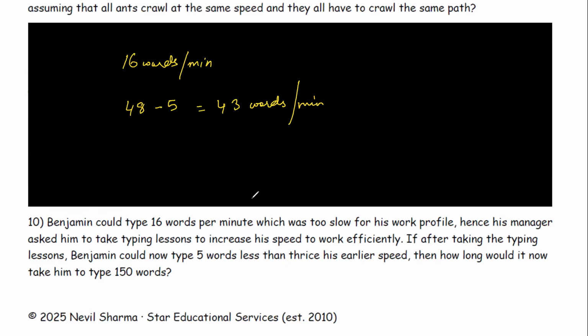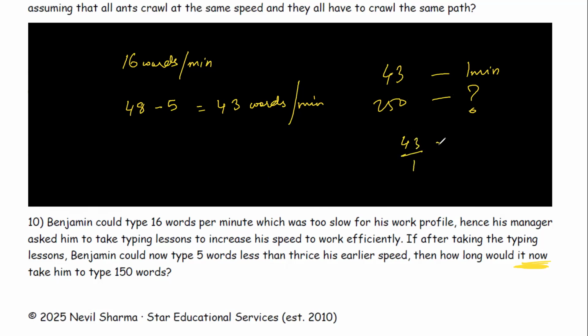Anyway, so the question is, after taking the typing lessons, how long would it take him to type 150 words? So we know that he now types 43 words per minute, and 150 words, how much time, right? So you have more words, it'll take more time, right?